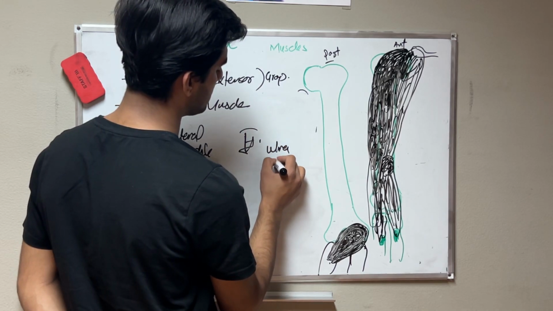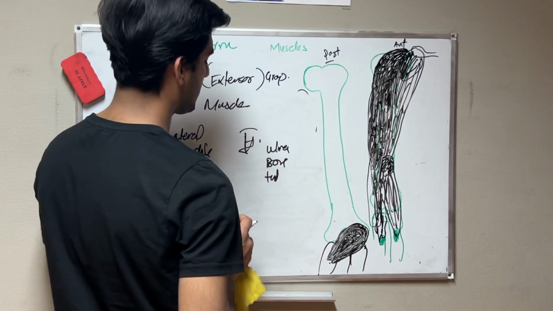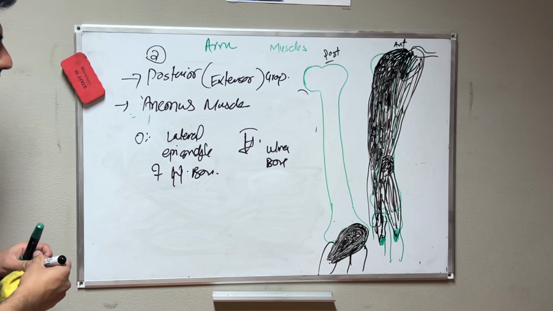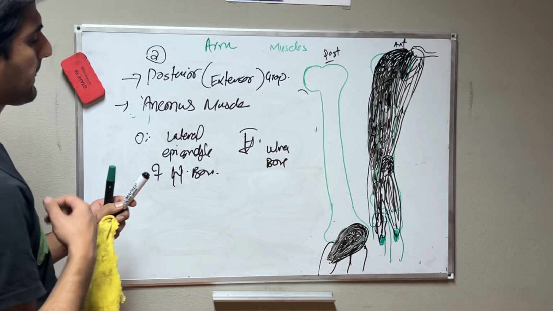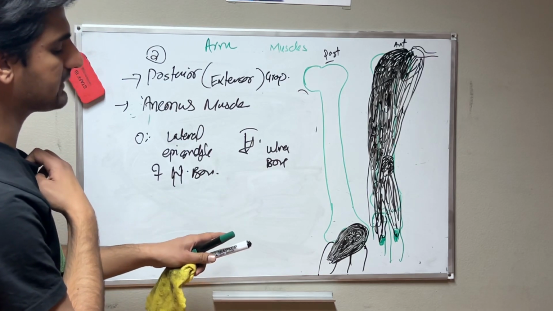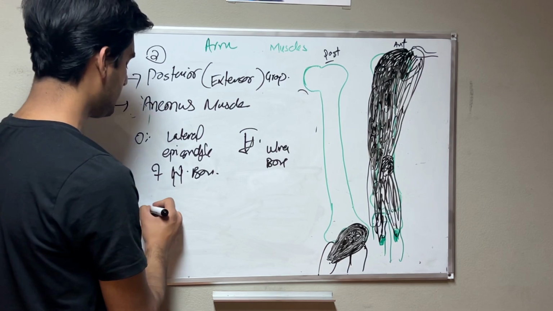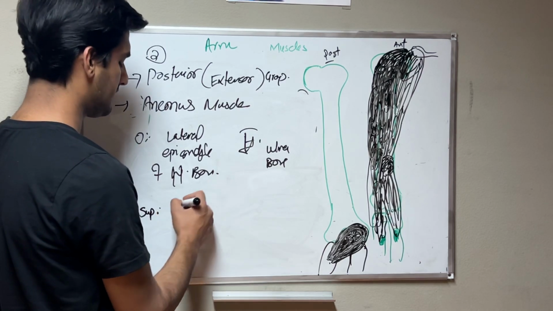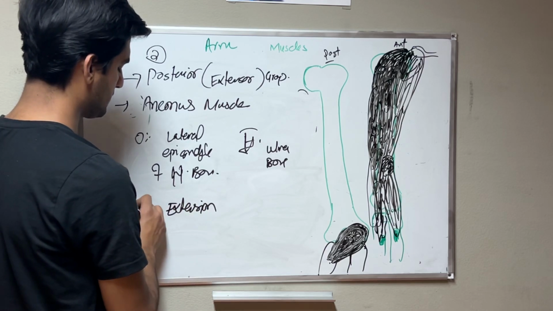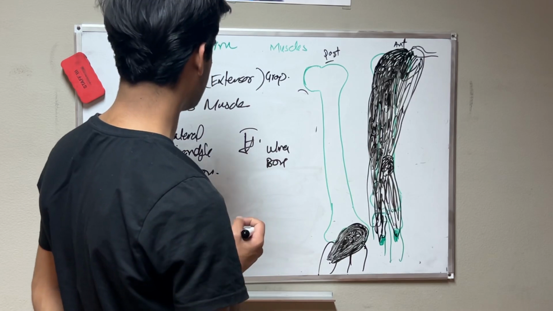Now, if we talk about the function of this muscle, it helps in supination and extension of the arm region.